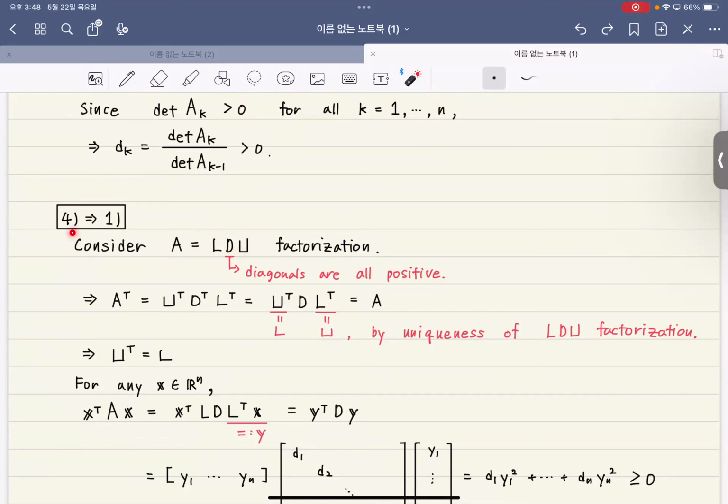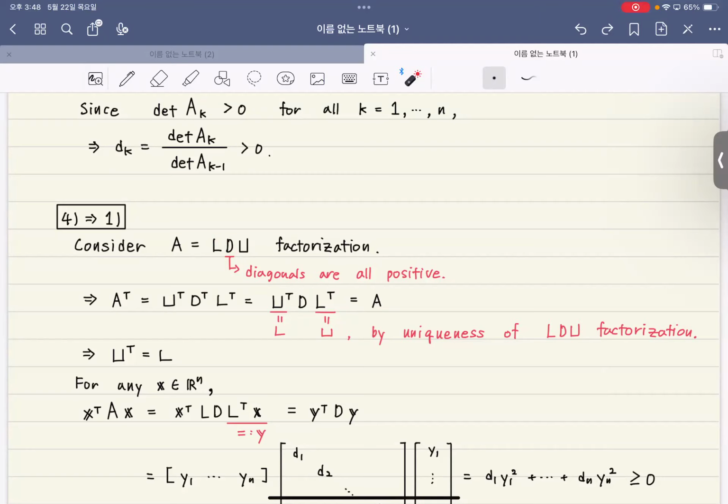In addition, we are also assuming that the pivots are all positive. So the diagonal entries of this middle matrix D must also be positive, right? Because these diagonals are precisely the pivots that we obtained from the forward elimination.